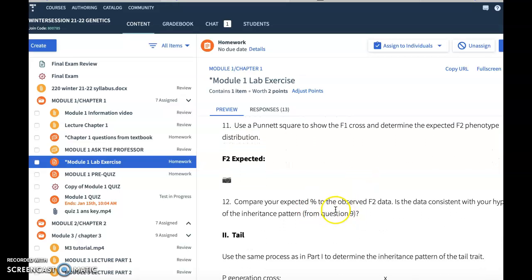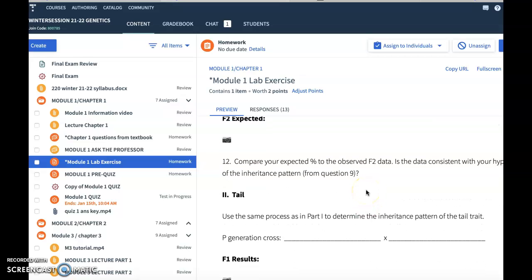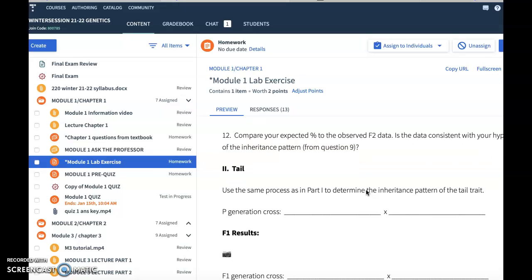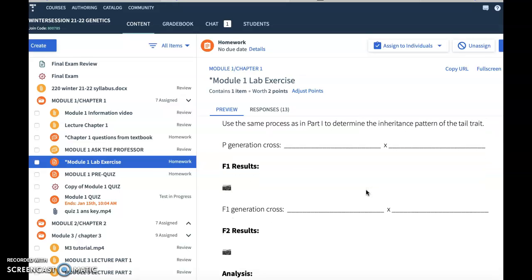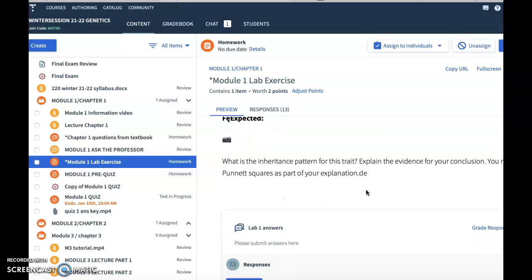Now you should look at your expected percentages. If it's one trait you're looking at, it's 3-to-1 or 75 to 25%, and your hypothesis would be the 3-to-1 ratio. Tail, you do the same exact thing for tail. We notice that no tail is dominant, and therefore in the F2 you're going to see a 3-to-1 ratio for the no tail to tail.